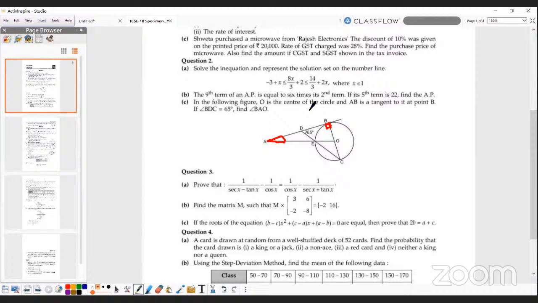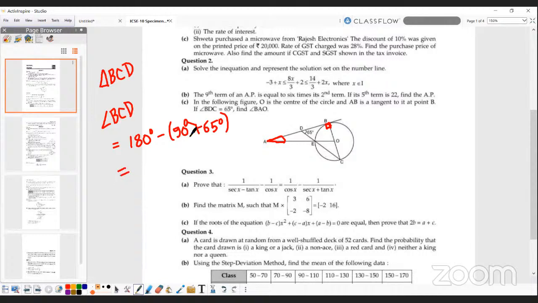Okay. One answer I have got. Let's see whether you got it correctly or not. So you see, this one is 90, this one is 65. So if we talk about the triangle BCD, in triangle BCD, angle BCD will be how much? 180 minus (90 plus 65), right?